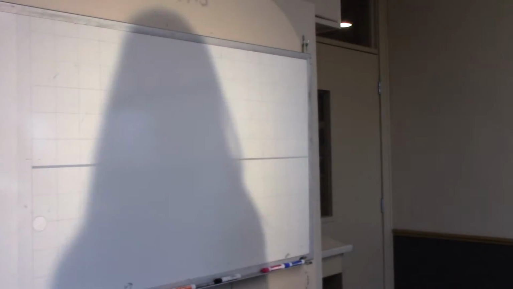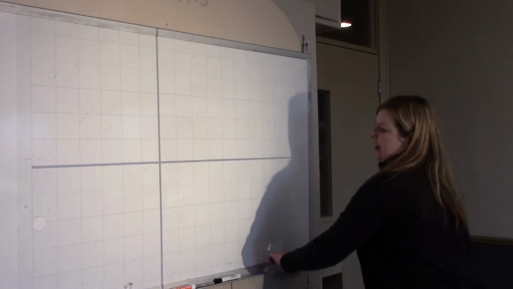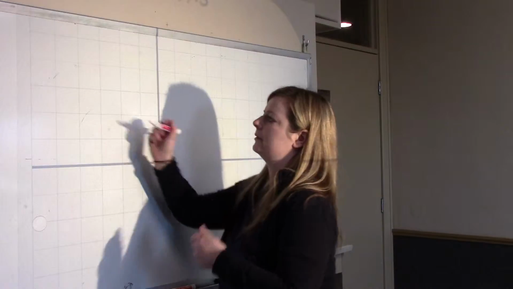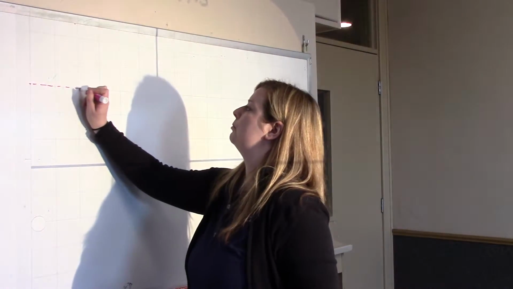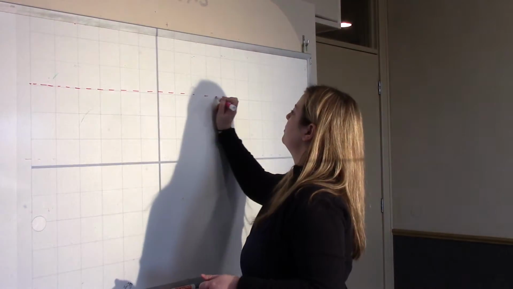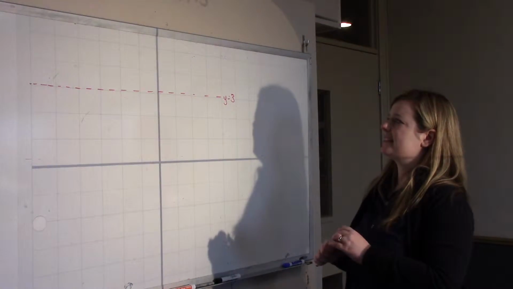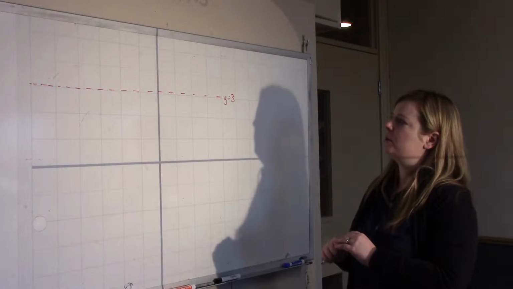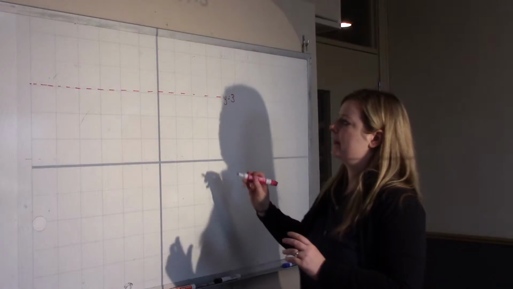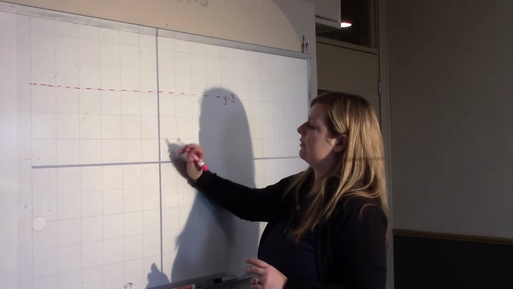Okay. So my axis is at 3. 1, 2, 3. Y equals 3. Okay. And this is a sine function. So I want it in 360.